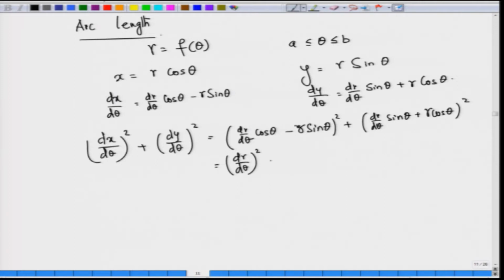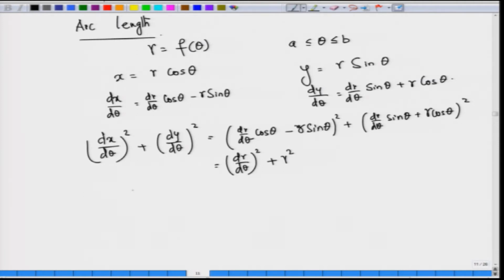Then minus 2r dr by d theta cos theta sin theta, and plus 2r dr by d theta sin theta cos theta, that gets cancelled. Here we get r square sin square theta plus r square cos square theta, so that is going to be r square.